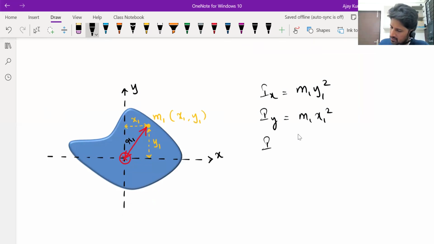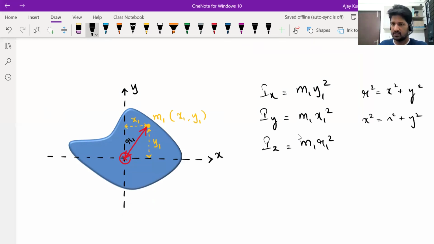And about the z-axis it is m1 r1 square. The only way x, y and r are related is r square is equal to x square plus y square. You cannot write x square is equal to r square plus y square. A minus can be done, but a plus cannot. So you can't write Ix is equal to Iz plus Iy. That will be wrong.